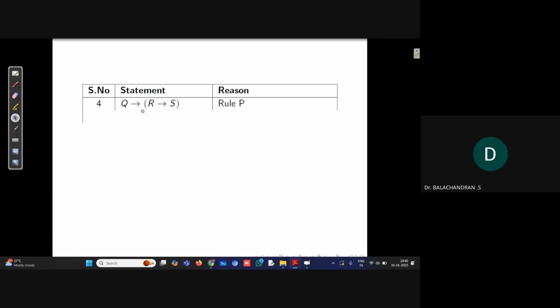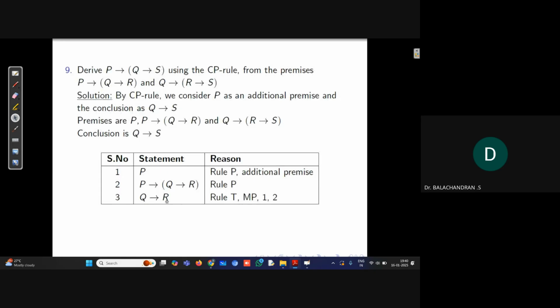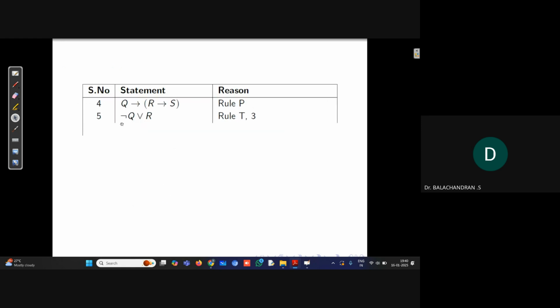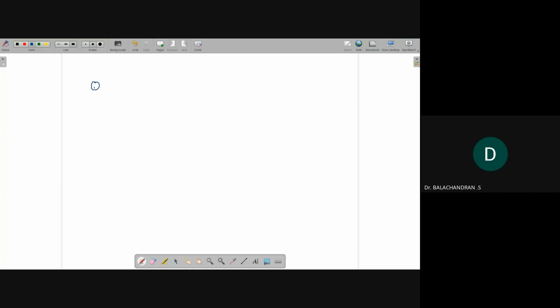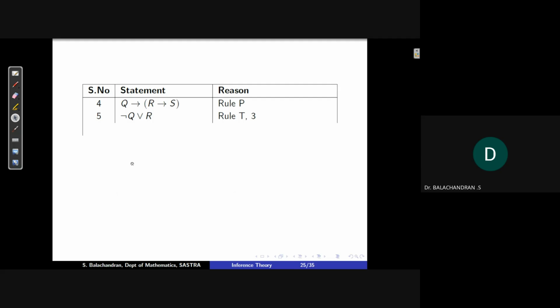Next, from 3, what is 3? Check it. 3 is Q implies R. Q implies R is equivalent to negation Q or R. This is rule T, and I am using 3. Next, negation Q or (R implies S) is coming from 4.